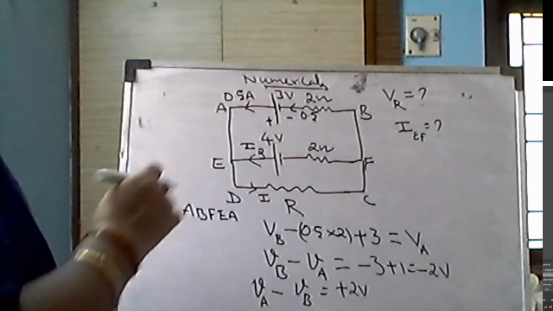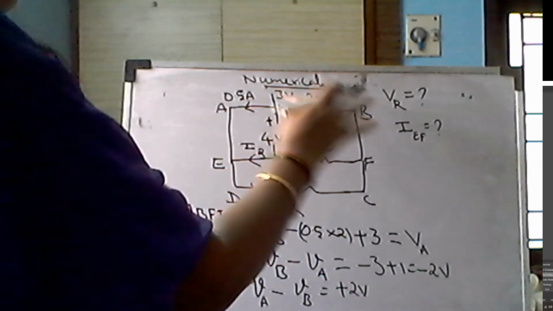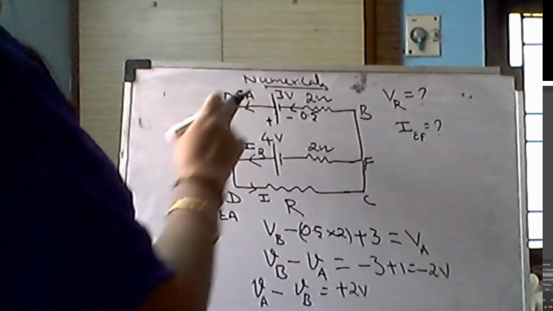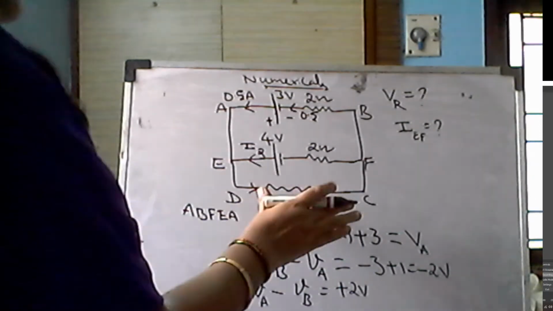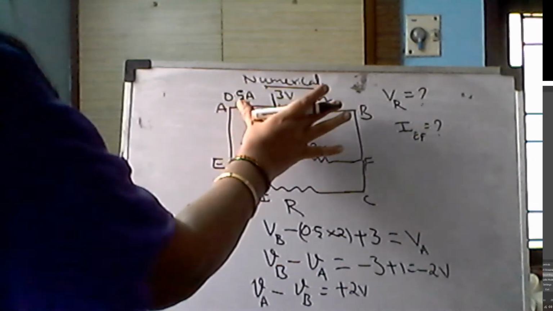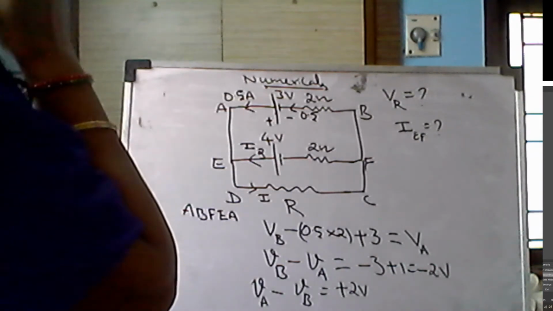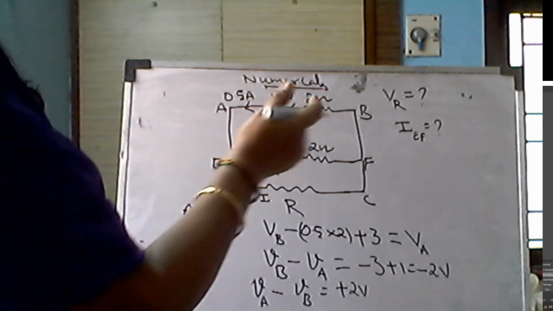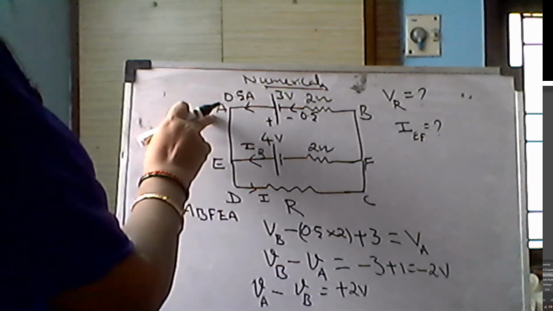I repeat, you are considering only this mesh. When you want to find out the voltage across this portion, the voltage across AB, you start here, because this is the high potential.